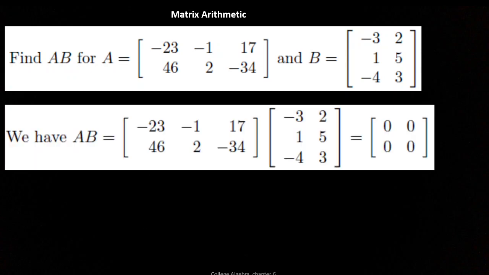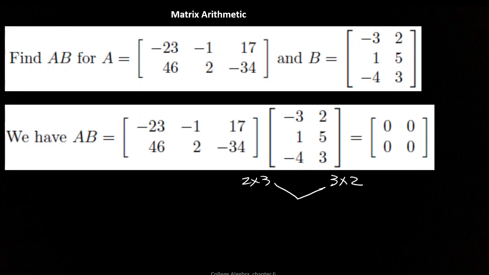Okay, so it says find AB. Well, again, just practice this times that. The first row times the first column, first row times the second column, second row times the first column, second row times the second column, and you get these. Again, this is a 2 by 3. This is a 3 by 2.